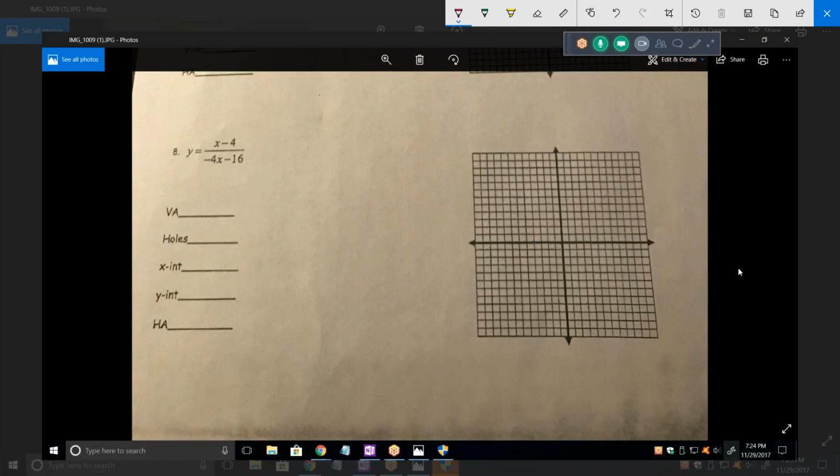In other words, what we really have here is x minus 4 over, if I factor out a minus 4, I'm left with x plus. So it doesn't cancel. It doesn't matter. It doesn't cancel. I still do have a vertical asymptote at 4. I was so sure it was going to cancel.